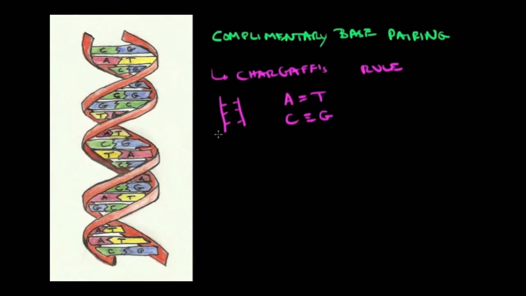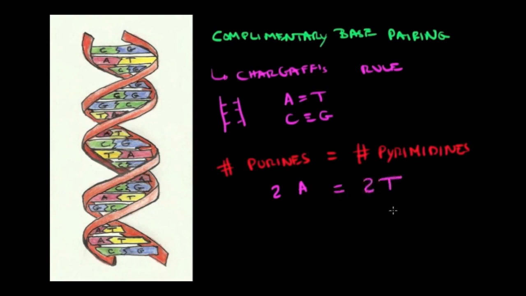And with this, the rule says that the number of purines in a DNA molecule equals the number of pyrimidines. This is a very simplistic way to say it, but if you have 2 adenine bases in a DNA molecule, you are definitely going to find 2 thymines, because they are complementary paired.